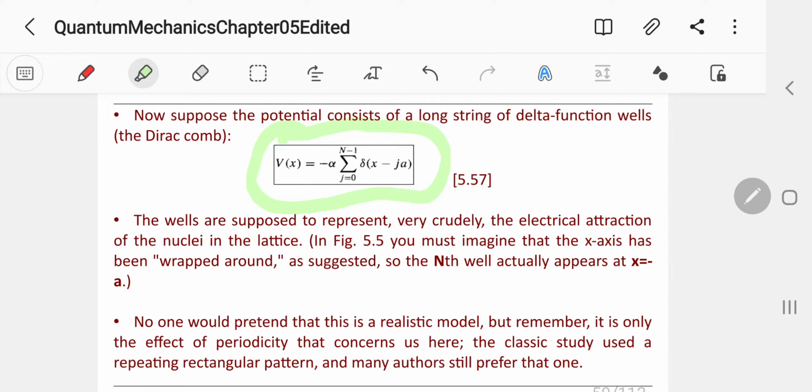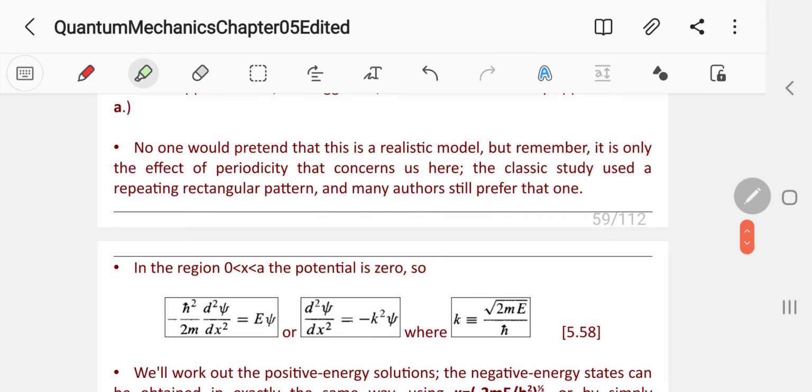Of course, this is not a realistic model, but it will approximately give us the unending periodicity of the potential, or of the system, I mean.